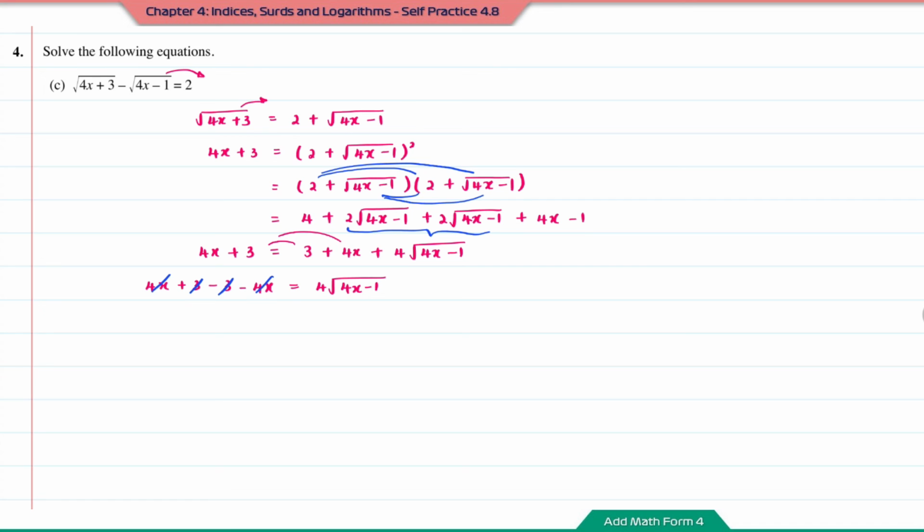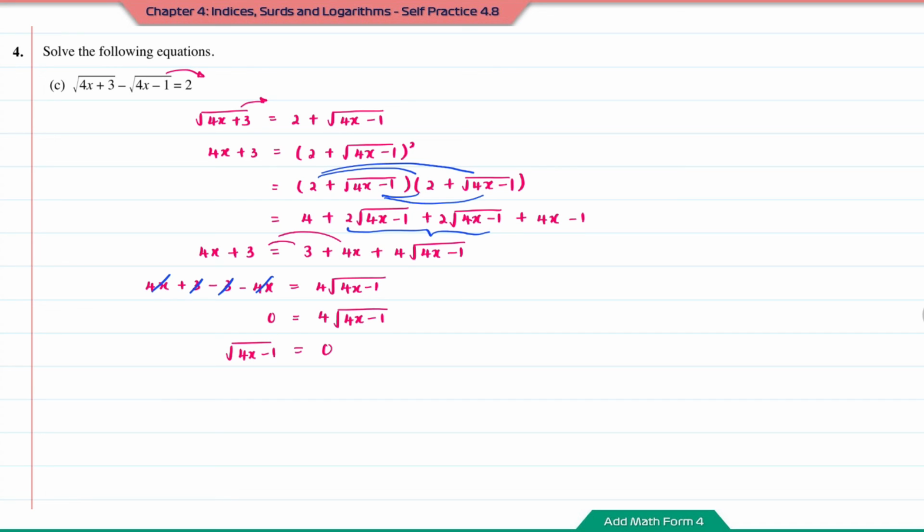Therefore, on your left hand side, it will be equal to 0. Alright, so next, move this 4 to the other side. It will be 0 divided by 4, which is still equal to 0. So now I'm going to write this square root 4x minus 1 on the left hand side. So here is equal to 0.